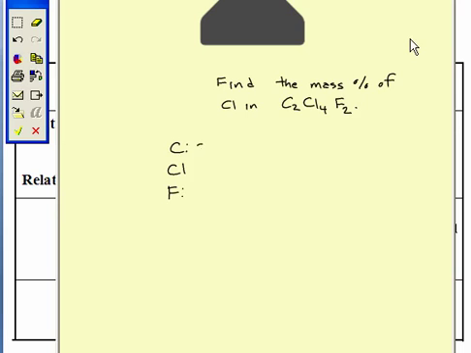In this compound there are 2 carbons, there are 4 chlorines, and there are 2 fluorines. And then I look at the periodic table to get the masses, and carbon is 12.01 grams, chlorine is 35.45 grams, and then fluorine is 19.00 grams. And these are from the periodic table.